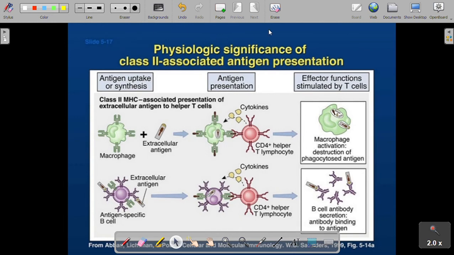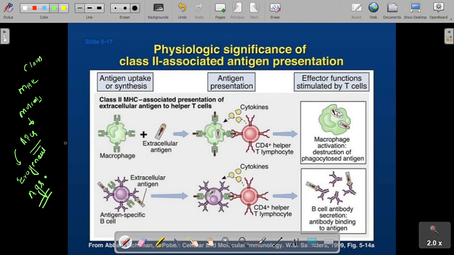As we know, MHC, or MHC class 2, is generally represented by the antigen presenting cell in response to the exogenous antigens. So what is the physiological significance of the class 2 associated antigen presentation?